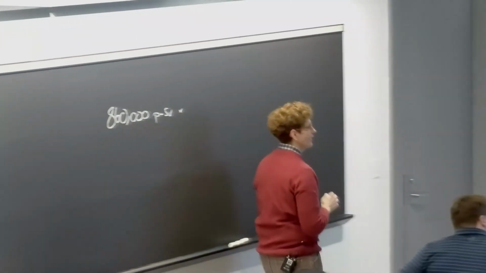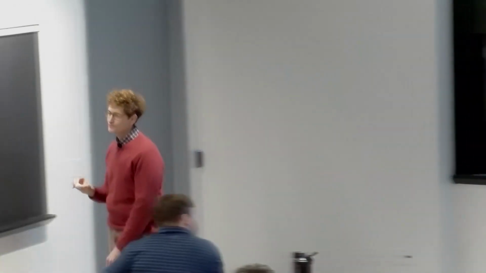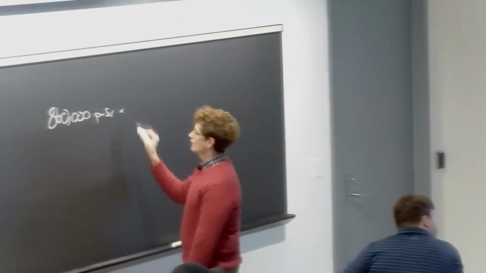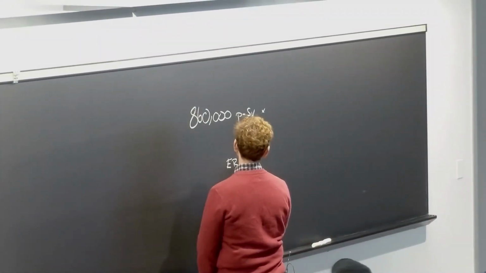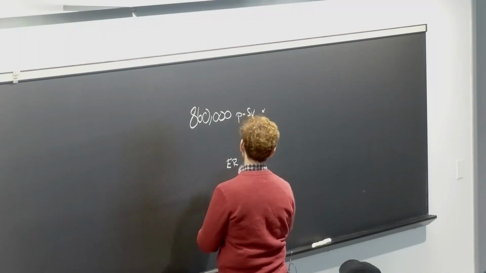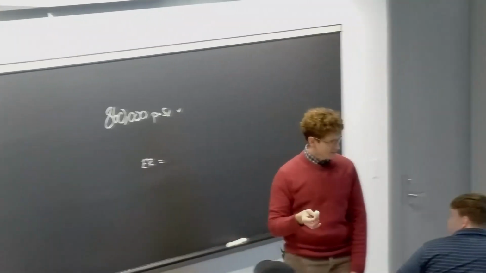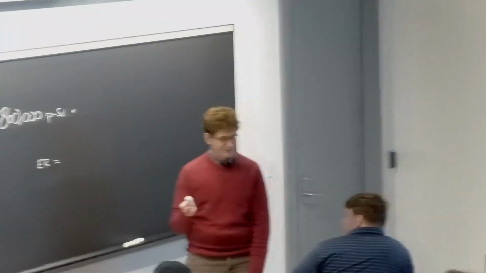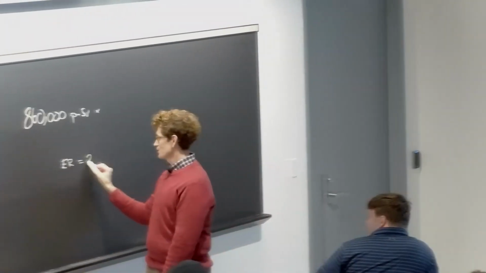And we saw that the excess relative risk of cancer was 0.64 per sievert. So the excess risk is the baseline risk times that. Does anyone remember what the baseline risk is for cancer? 20%.